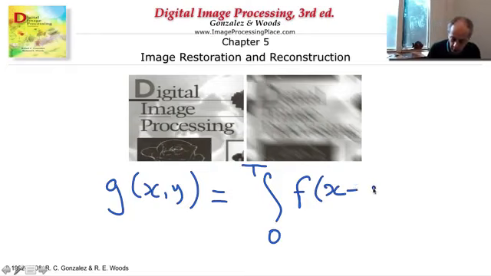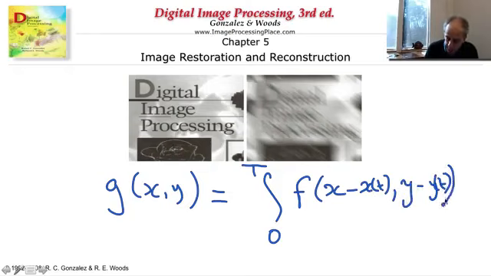So I can call that function of motion, let's say x(t), to write down that it's moving, and it's also moving in the y direction, y(t), and I'm integrating over t. So basically what I'm doing here is I'm not taking one image, it's like I'm taking multiple images and adding them, and what I see is the result.